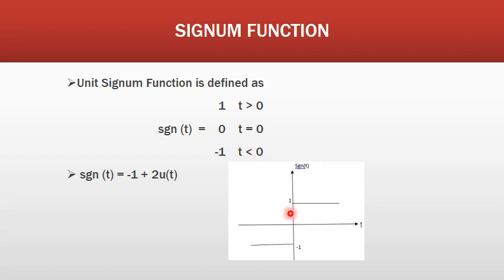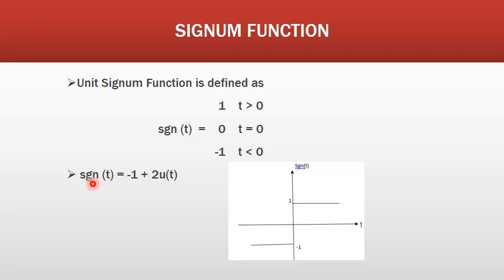From the figure, it is clear that for positive values of t, the amplitude is 1. So, when t is greater than 0, the amplitude is 1. And for the negative values of t, the amplitude is minus 1. So, when t is less than 0, the amplitude is minus 1.